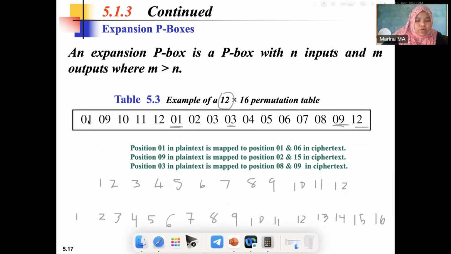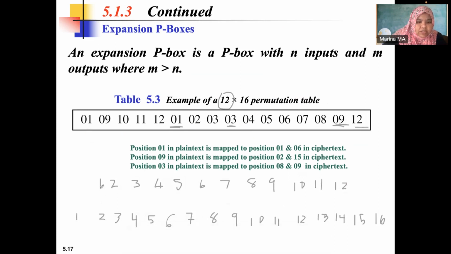Okay, so first position in the plain text, first in ciphertext.